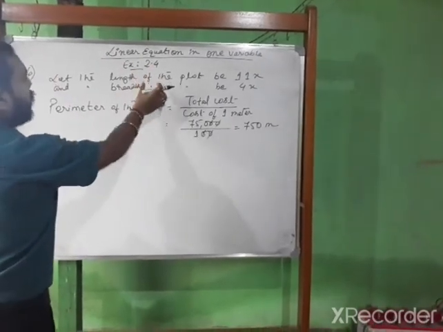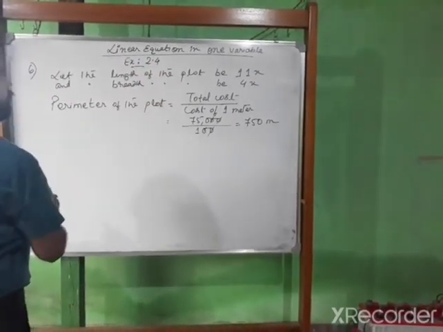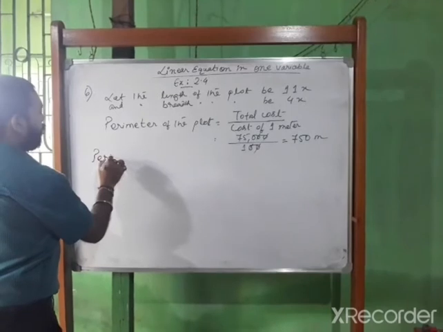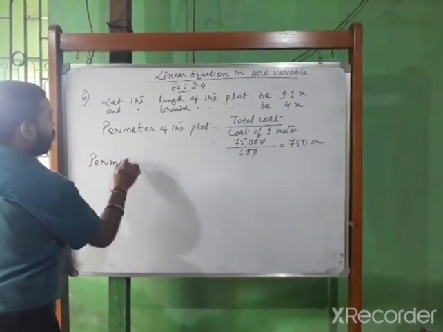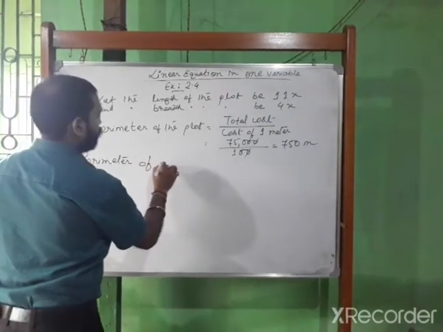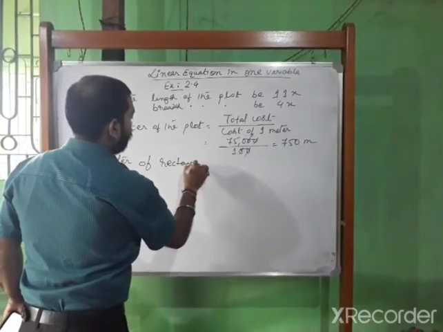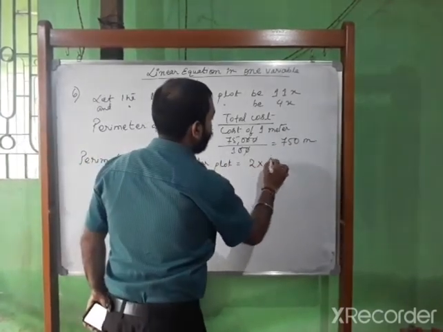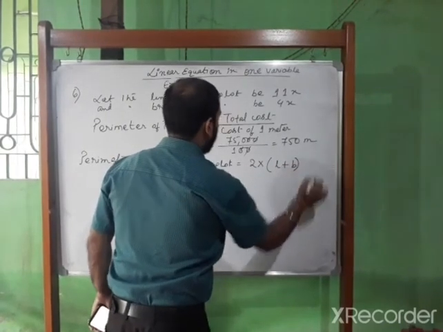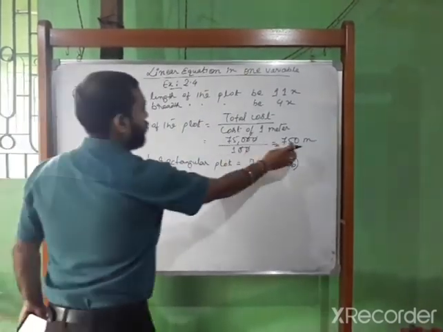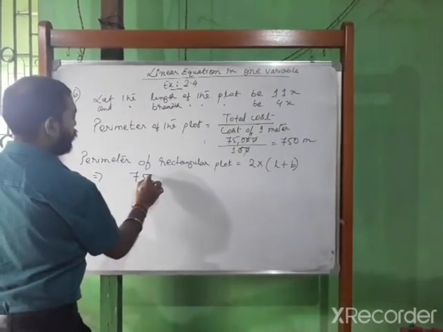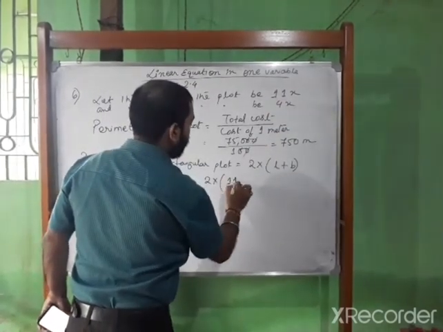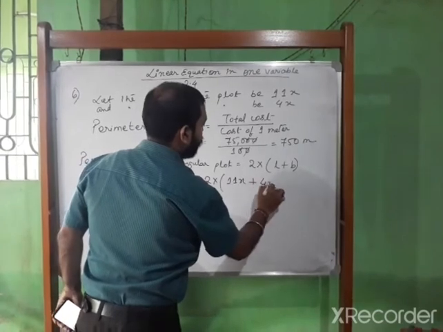So this is the perimeter of the plot. Since it is a rectangle, the perimeter of a rectangle is 2 into length plus breadth. Now we have already found the perimeter, which is 750 meters. So 750 is equal to 2 into 11x plus 4x.